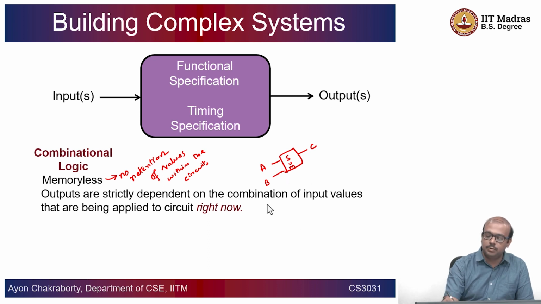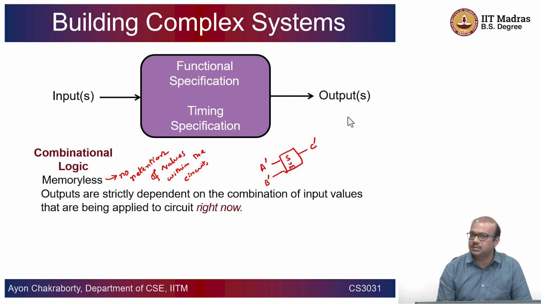Number two is that next time you want to update these values and you want to compute the sum for different set of inputs A prime and B prime, and output being C prime, this has nothing to do with the previous set of computations that we have done. Okay, so we are going to clarify that more, and this set of circuits, or this set of digital logic implementation, are typically called combinational logic.